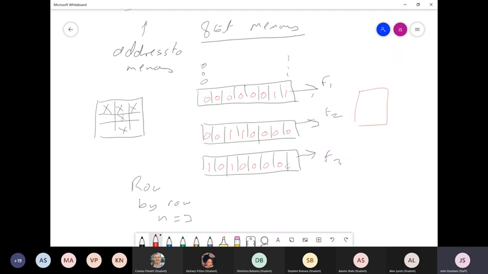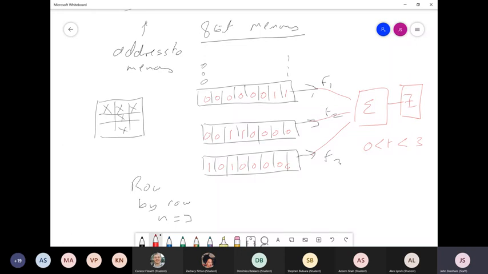Put in the summer. Put in the threshold. And let's set T. Set the threshold T. It can be anything between 0 and, in this case, 3.